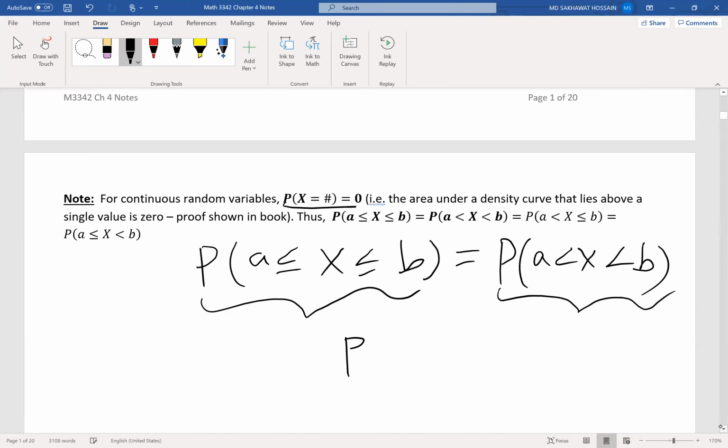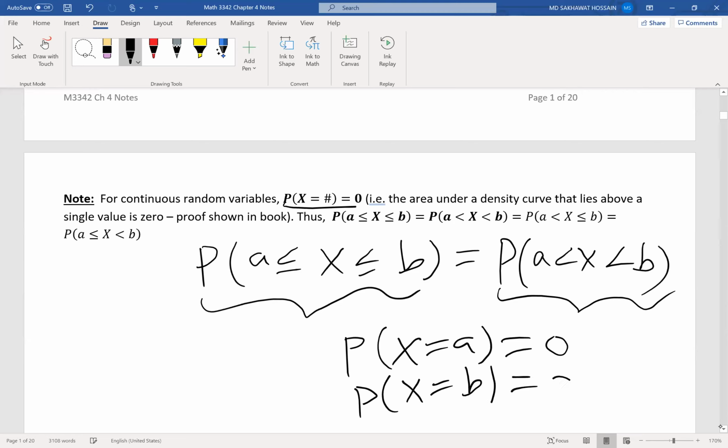So the probability of x exactly equal to a is 0, and the probability of x exactly equal to b is also 0. So in the continuous case, if you include the equal sign or if you do not include the equal sign, it doesn't matter. It will not affect the probability, because at a certain value the probability is 0.